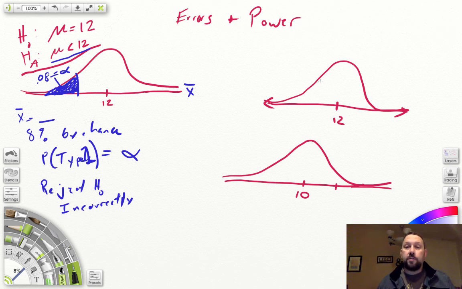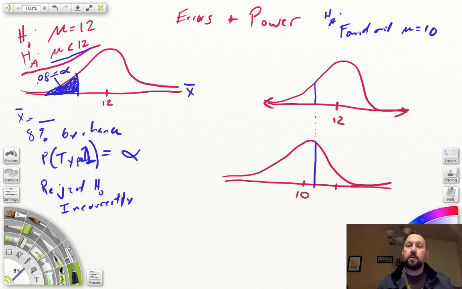Now over here, if I'm testing for less than, let's say it's here, and then, this is a big what if, what if later on we found out that mu actually is 10? So the alternative was that we were testing mu less than 12.